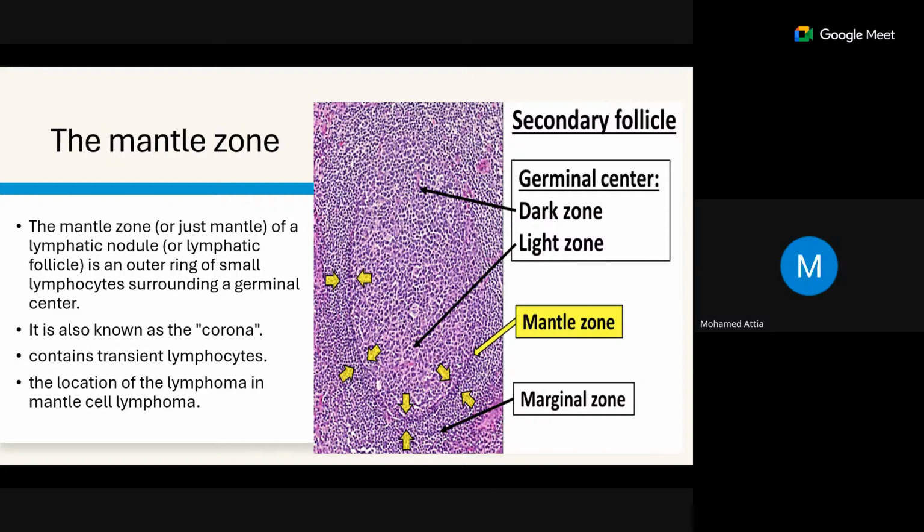These cells that surround the follicle are called the mantle cells. As we have said before, the mantle cells are mature cells, but naive. They didn't go into the follicle yet, still carrying CD5 positivity, never carrying CD10 positivity, still outside, and they carry the clinical picture of the mantle area.